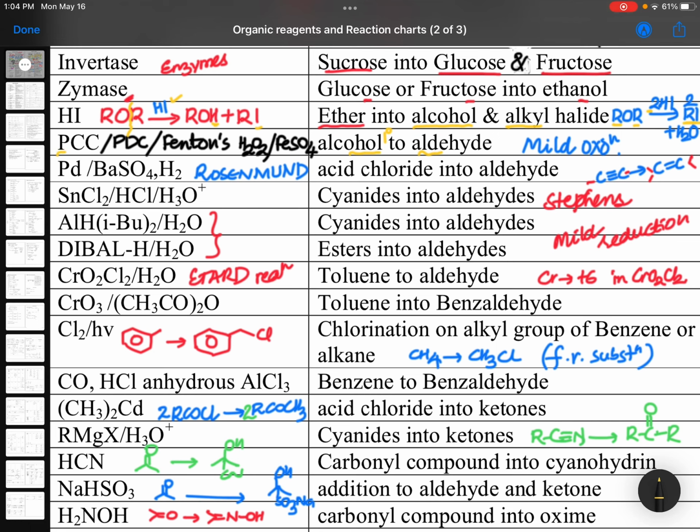For this purpose, you can use PCC, pyridinium chlorochromate, or PDC, pyridinium dichromate, or Fenton's reagent, H2O2 with FeSO4, or chlorine, bromine, iodine, copper at 573 K, and silver at 573 K. All these you can use. Primary alcohols give aldehydes, secondary alcohols give ketones. Tertiary alcohol, no reaction; copper and silver can make them into alkenes.